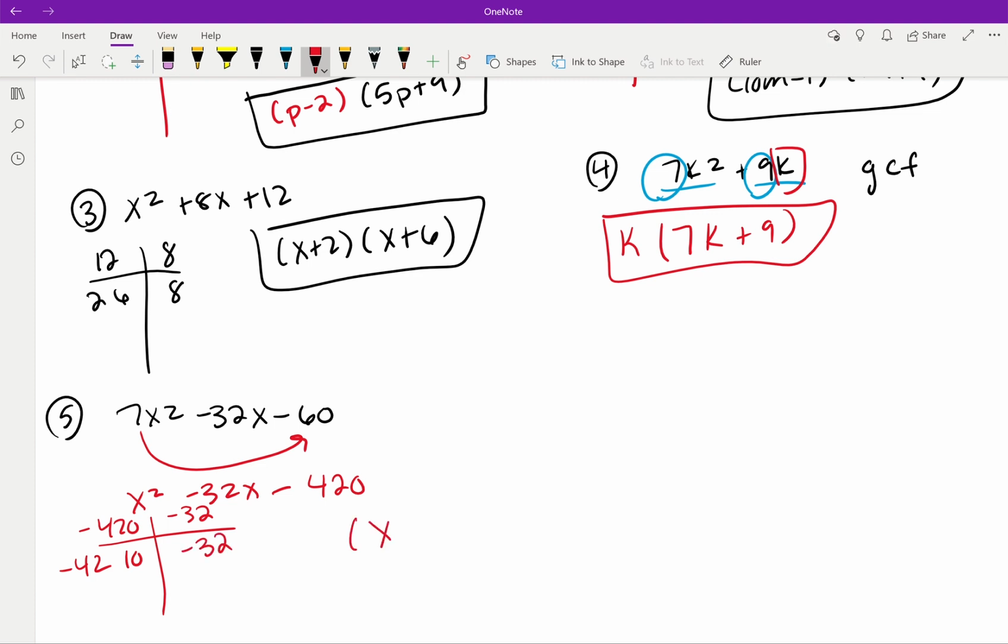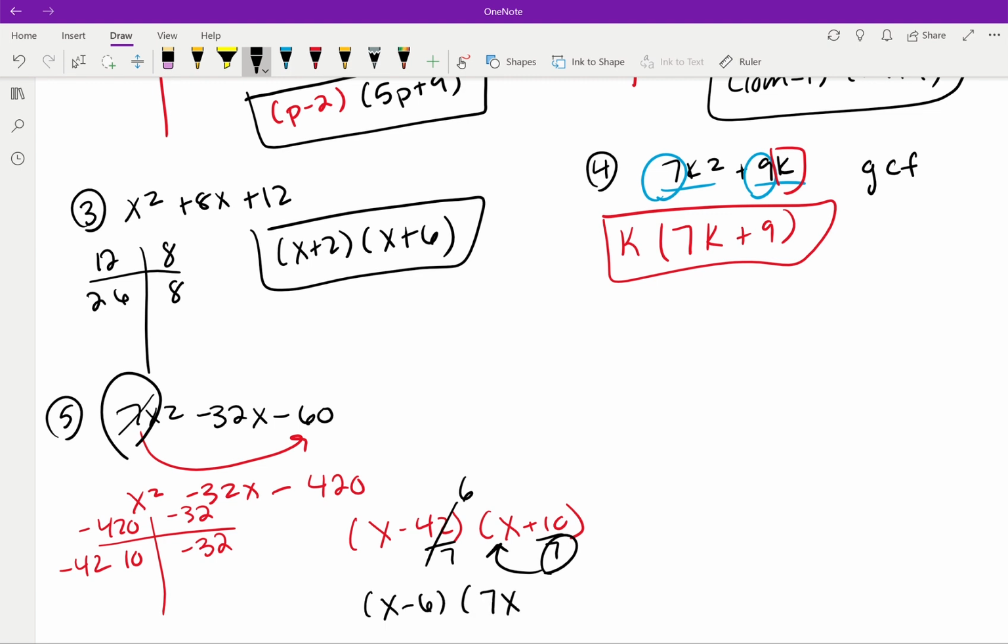So then I do x minus 42, x plus 10, and I divide by that number that I canceled out when I do my swing method. So divide by 7. 42 divided by 7 is 6. 10 divided by 7 is not possible, so I'm going to swing that 7 in the front. So x minus 6 and 7x plus 10. That's my answer.